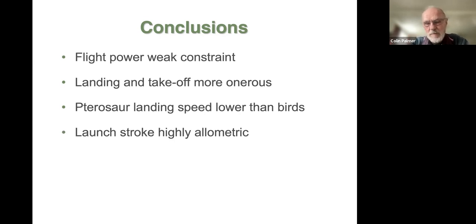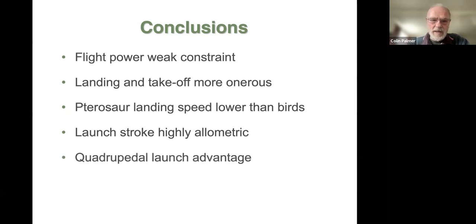And what we found was when you start looking at the scaling of takeoff and the launch stroke, it's highly allometric. In other words, as you get bigger, size works against you very strongly. And taking all that into account and taking the effect of the quadrupedal launch, our view is that the maximum size the pterosaurs could get to was somewhere between 9 meters and 11 meters wingspan.